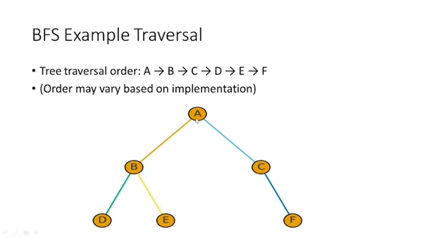Starting from node A, the search algorithm will visit node B, then at the same level it will visit node C. After that, it will visit node D, then node E, then node F. We can see the tree traversal order: A to B, B to C, C to D, D to E, and E to F. That is our breadth-first search algorithm. Now we will implement this algorithm.